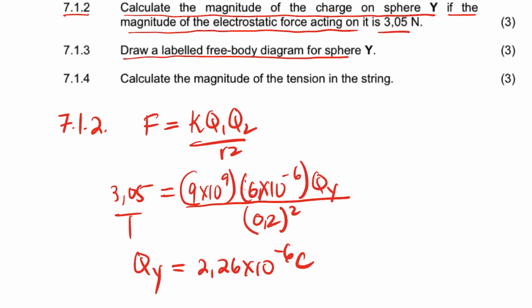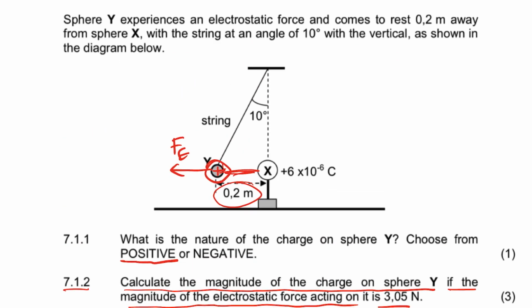7.1.3, it says draw a labelled free body diagram for sphere Y. It's very important, guys, to understand what forces are acting on sphere Y. The forces acting on sphere Y are the tension force in that direction, a gravitational force downwards, and an electrostatic force.